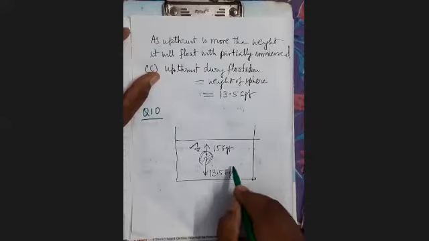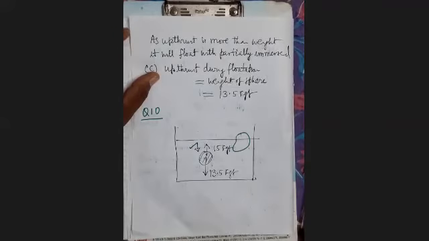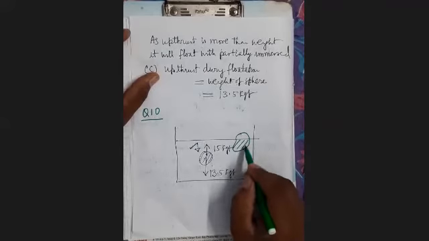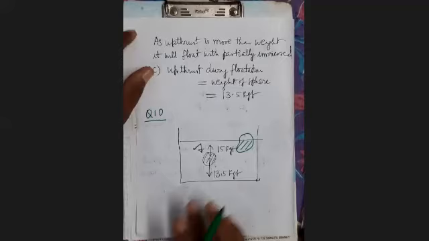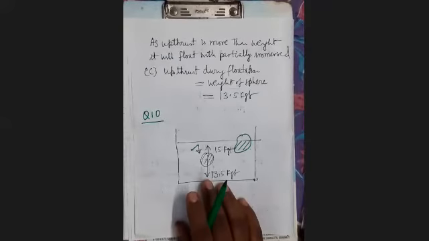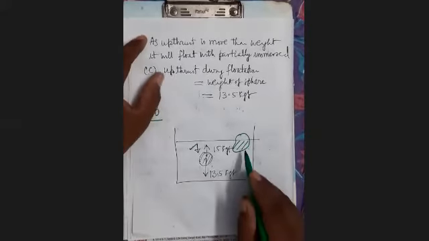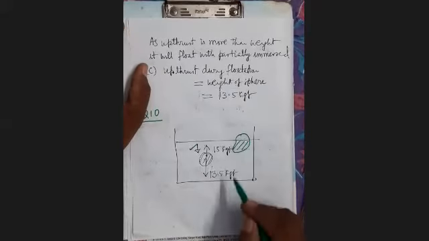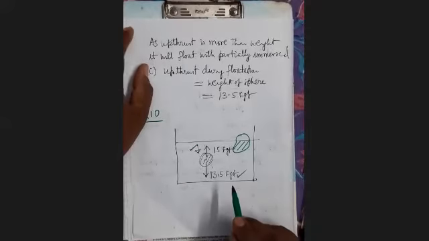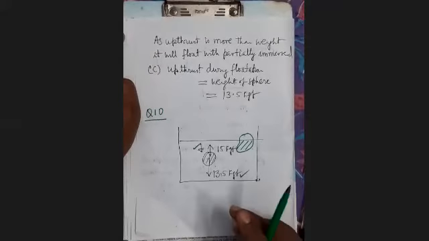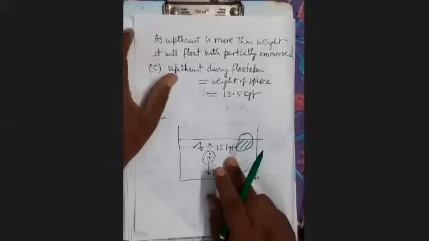It will come up on the surface, and only this much portion is emerged. Only this much part will be emerged. And on this part, what will be the upthrust? It will be equal to 13.5 kgf. So I hope that it will be clear to you.